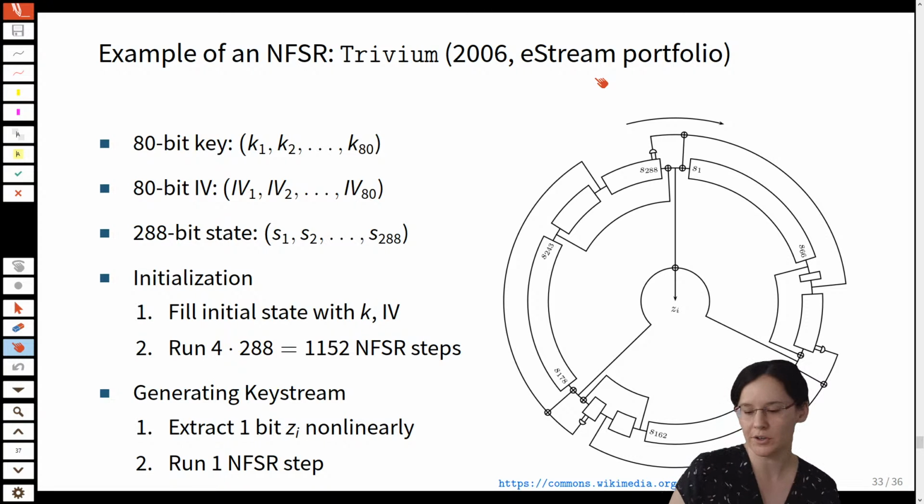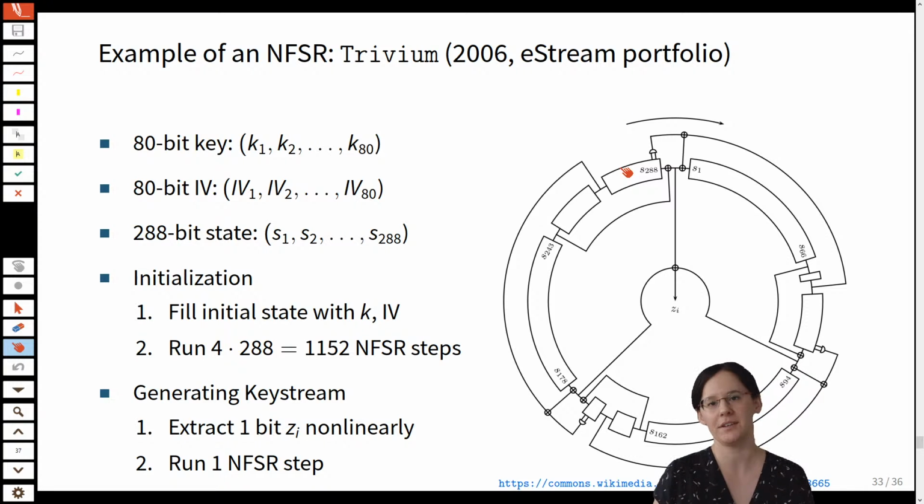So what does Trivium look like? It doesn't have LFSRs inside, but it has NFSRs, so nonlinear feedback shift registers. And what you see here is a graphically very attractive, but not really easy to read representation. So what you see here is these chunks in this ring, like for example S178 to S243. These are parts of the shift register. So these are bits 178 to 243 of my feedback shift register.